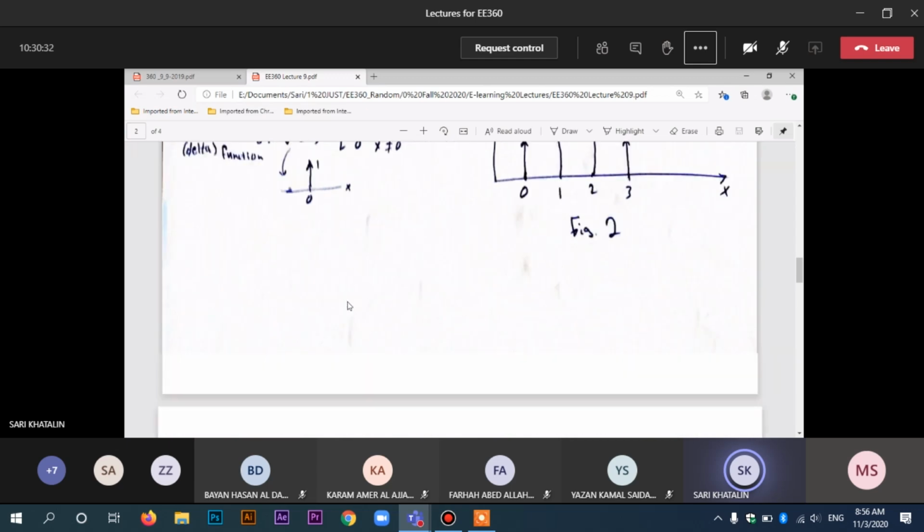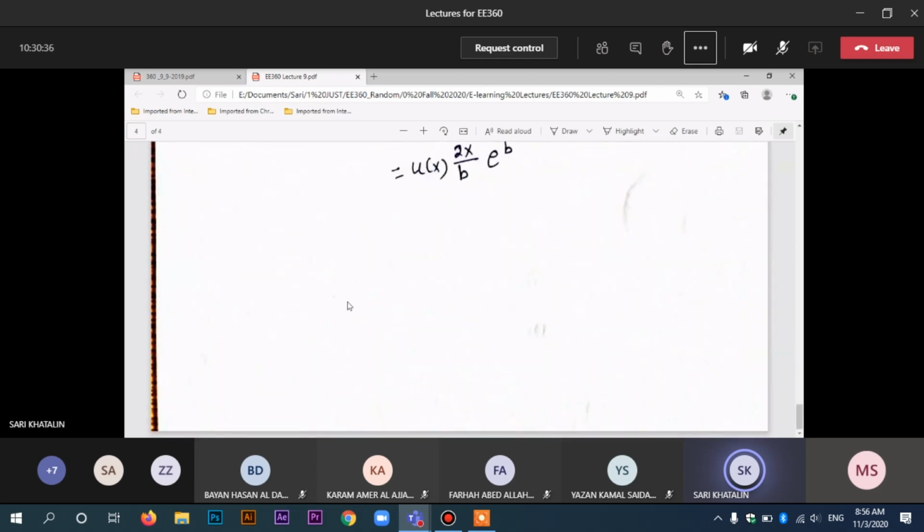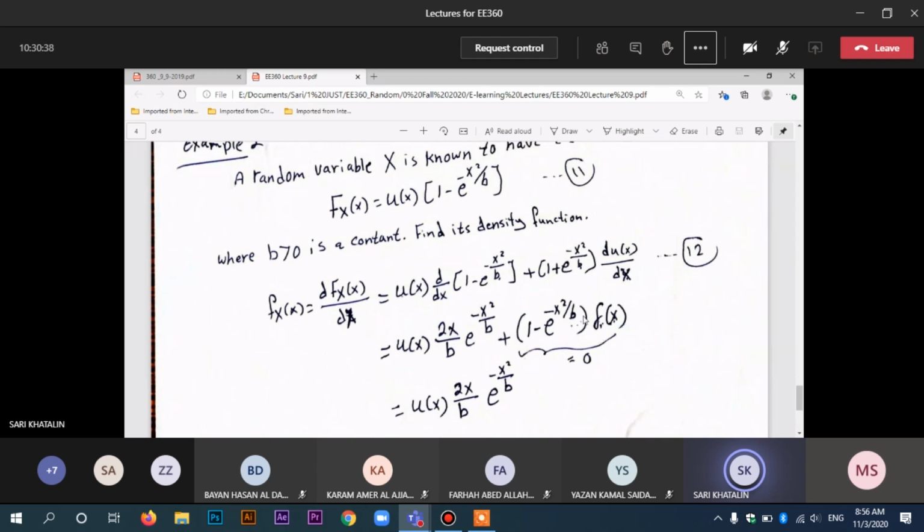So if we go back here, now look at this function right here. When x is equal to 0, the impulse function is 1, but the exponential term will also be 1, and 1 minus 1 will be 0. So this one is going to be 0.